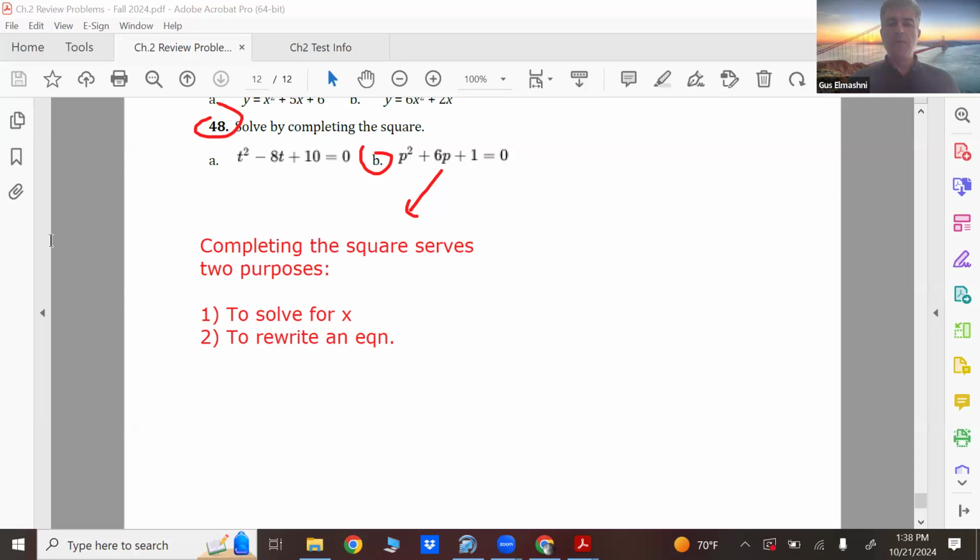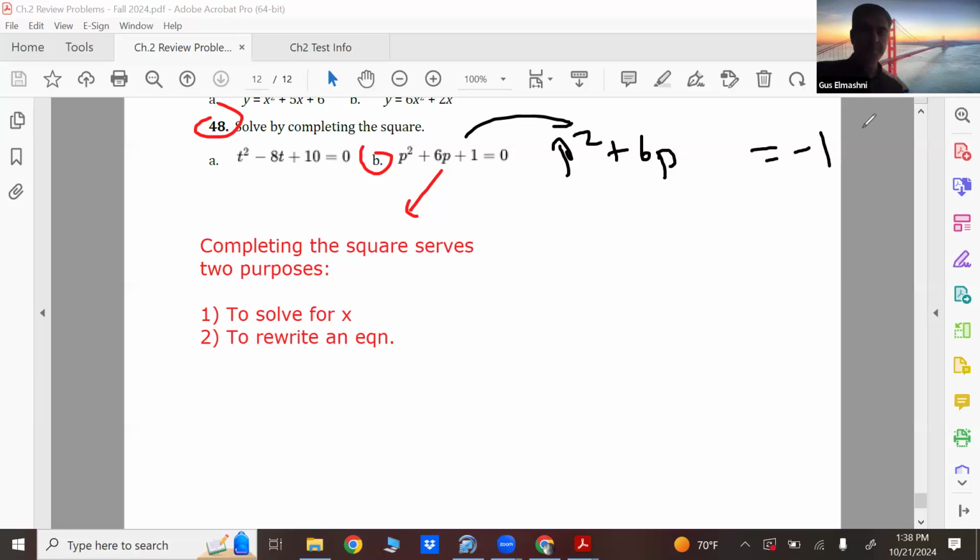So, for example, if I'm trying to solve this, p squared plus 6p equals -1. What you first do is push that constant to the other side. Focus on the variables. You guys remember what's next? Take half, then square. What's half of 6 and square, guys? Perfect. So you get +9 on both sides.